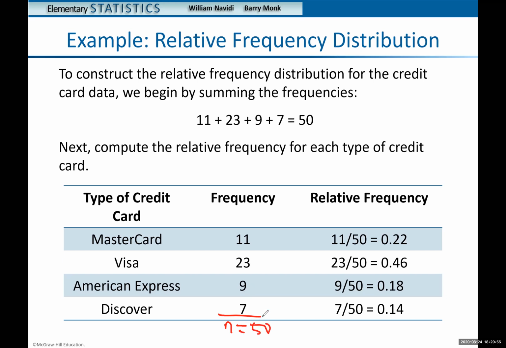So now to get the relative frequency, each frequency is divided by the total N. Remember RF is equal to F over N. So 11 over 50 is equal to 0.22. Next 23 over 50, then 9 over 50, and then 7 over 50.